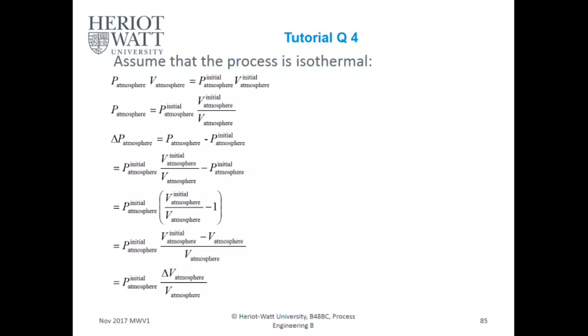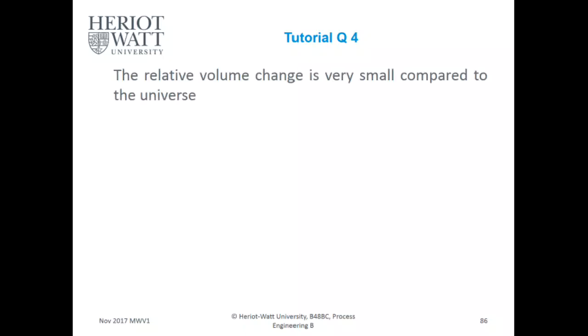So it's just a mathematical proof for that. And if you're wondering why, physicists. So the relative volume change is very small compared to the universe, right? That's the proof. You can actually put numbers in it if you wish to prove it yourself.